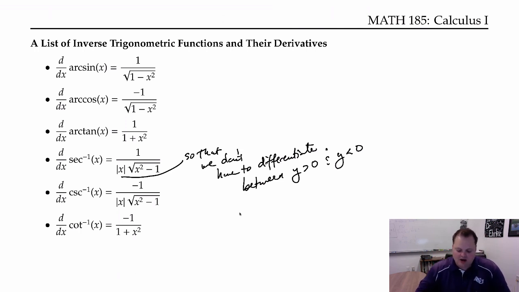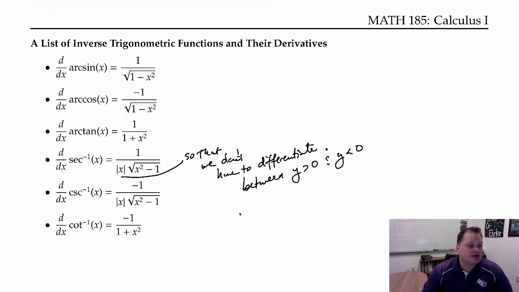In other words, we don't have to care about whether we're in quadrant 1 or 2 or quadrant 3 or 4. So typically, we put the absolute values on the x terms there to compensate for that. There's a lengthier explanation that goes into that. But these are the 6 inverse trig functions and their formulas.